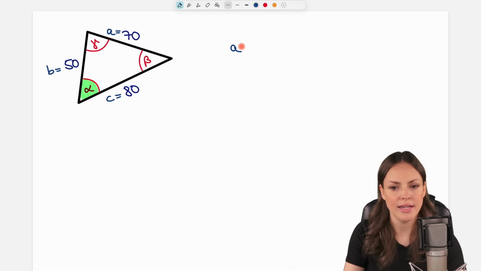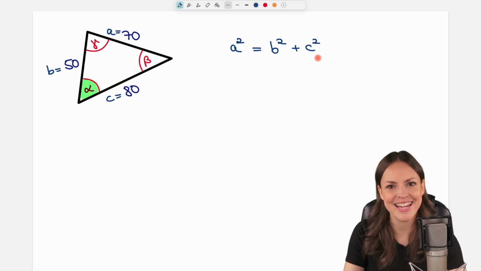We have to take the side A and square it. Then we get the other side squared, so B squared, plus the other side squared, so C squared. Looks familiar for now, the Pythagorean theorem, but we're not done yet. Now we have to subtract something.